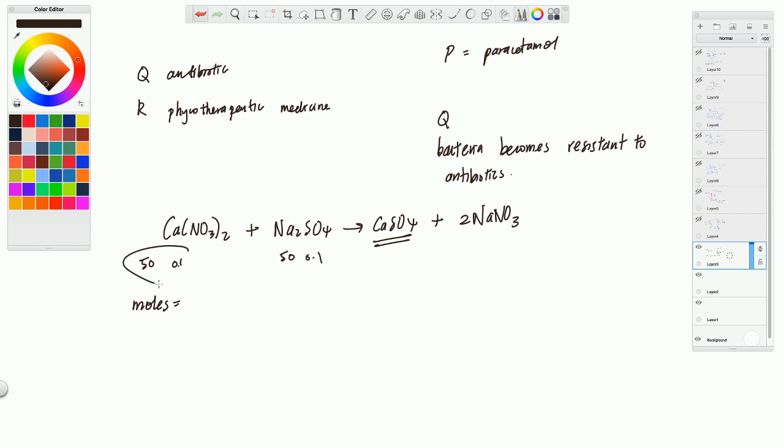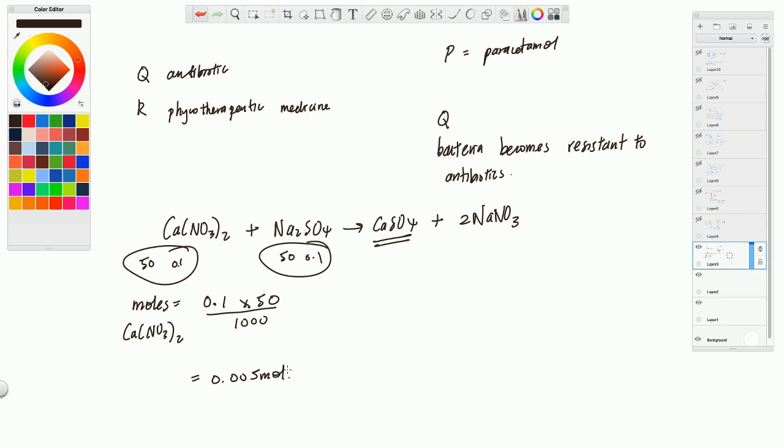So the moles of calcium nitrate and the moles of sodium sulfate are the same. The amount given is the same. The ratio is also the same, so it doesn't really matter which one you count. So you can say you're counting calcium nitrate or you're counting sodium sulfate, same thing. So M V over 1000. So 0.005 mole.